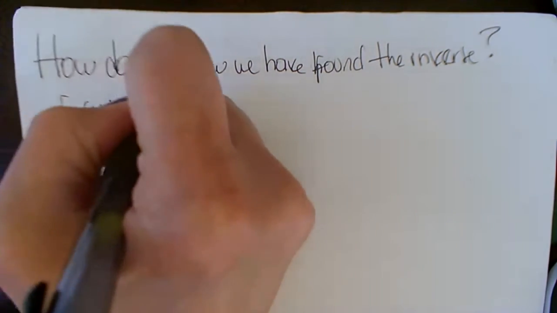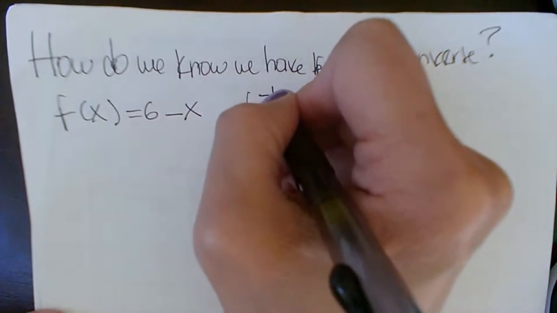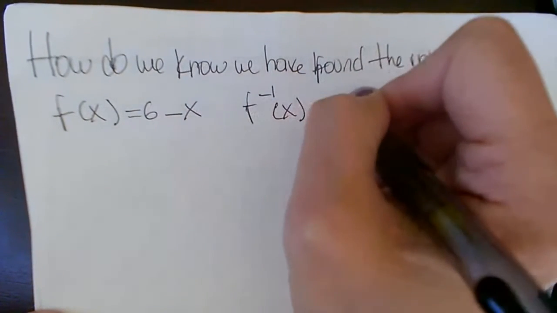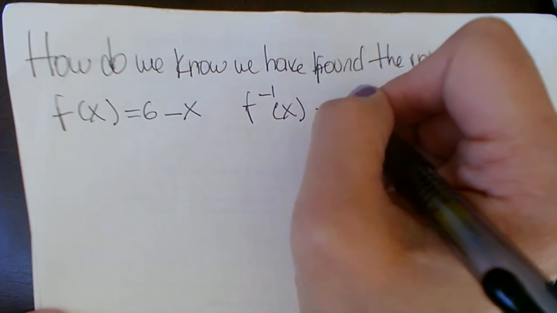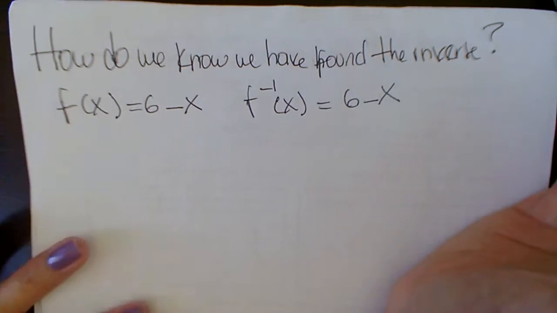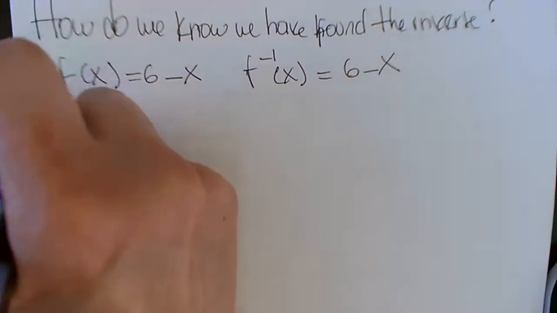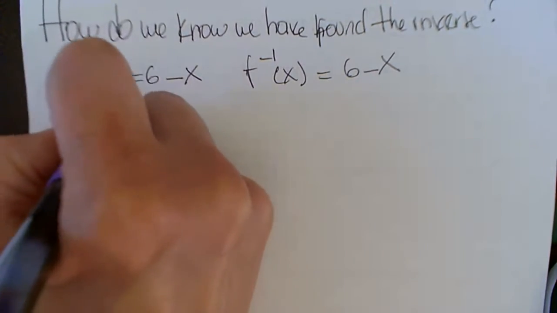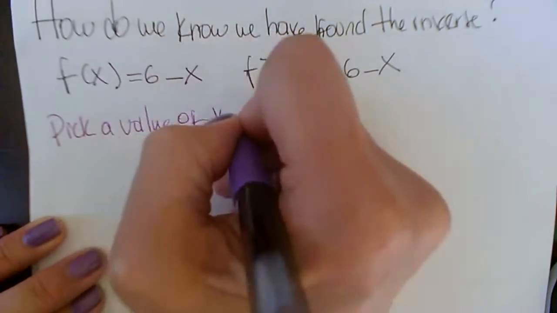We have f of x, 6 minus x. And we have the inverse of x equals 6 minus x. Okay? Now, we're going to pick a value of x.